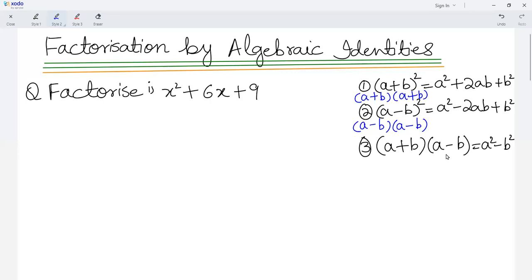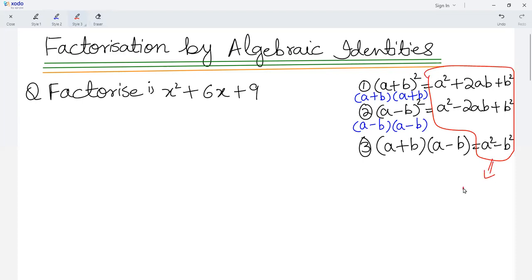As for the last one, when the b terms have different signs, it will definitely tell us the factorized form. The right side of all of these equations are the expanded forms, in which the brackets are opened and simplified further.